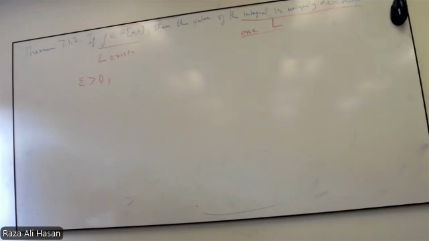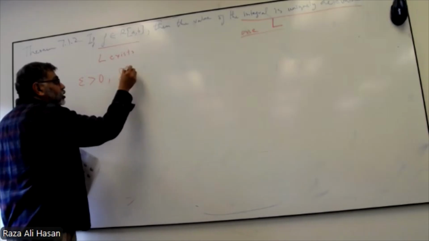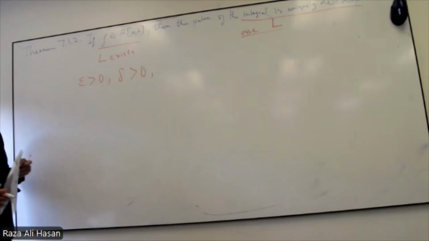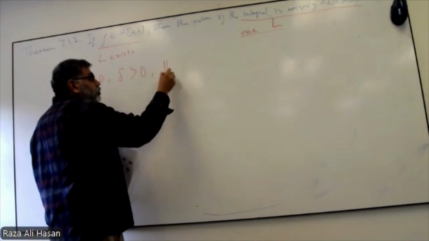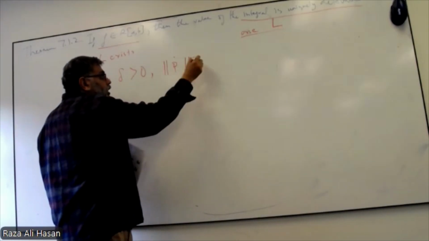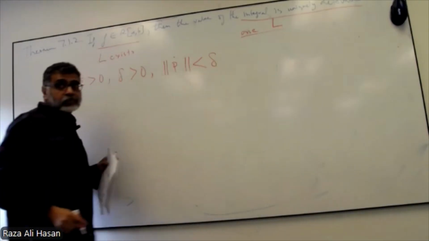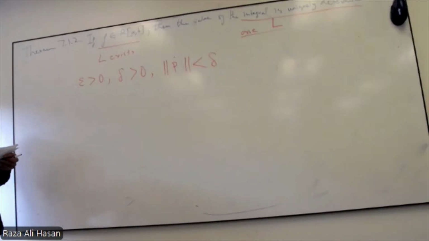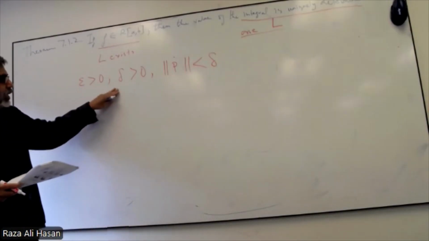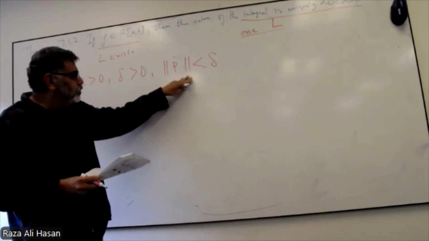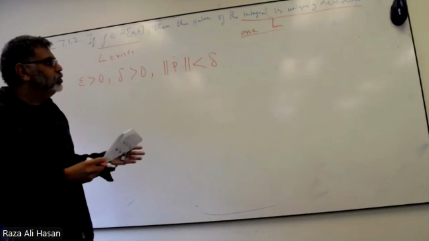And then we need a delta, which is also a positive number. Then we need the norm. This needs to be true. And then, so this is given, and then this exists. Therefore, this better be true.